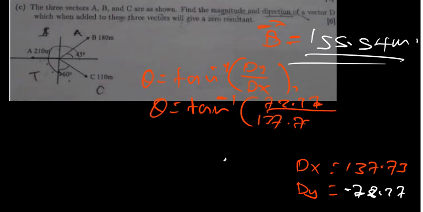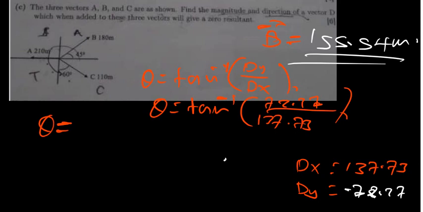What angle are you finding? You just plug in direct. You press shift, then tan, open brackets, 72.27 divided by 137.73, close the brackets.